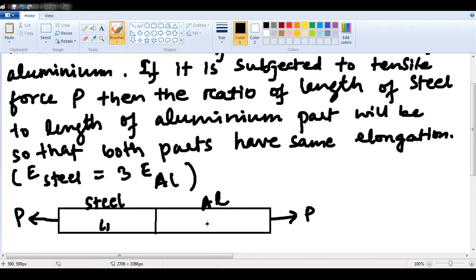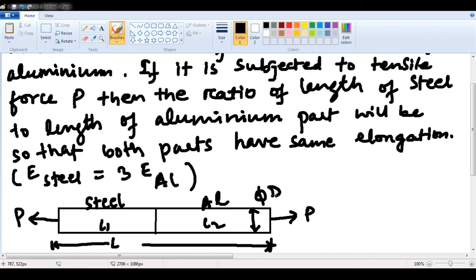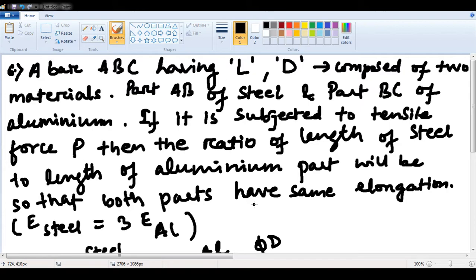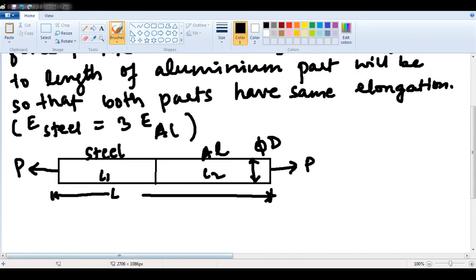Say this is length 1, length 2, and this total is length L. The diameter is D for both. Clear? See the diagram properly, and based on that, see the question again. So this is the bar, total length is L, some length L1 for steel and some length L2 for aluminium.